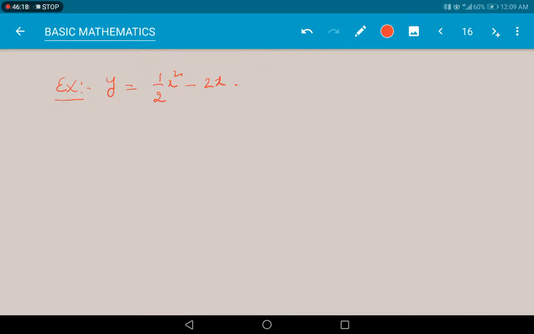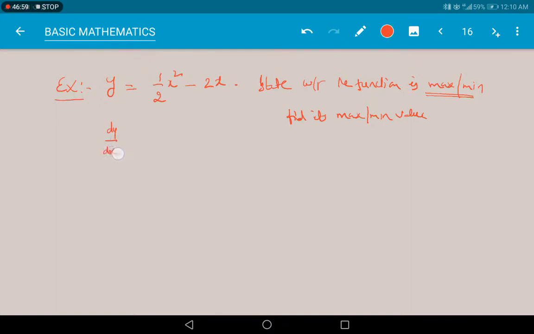They are asking, state whether the function is maximum or minimum and find its maximum or minimum value. First we should check whether it is maximum or minimum. To check this, we should find out the second derivative. So first we will find the first derivative of this.